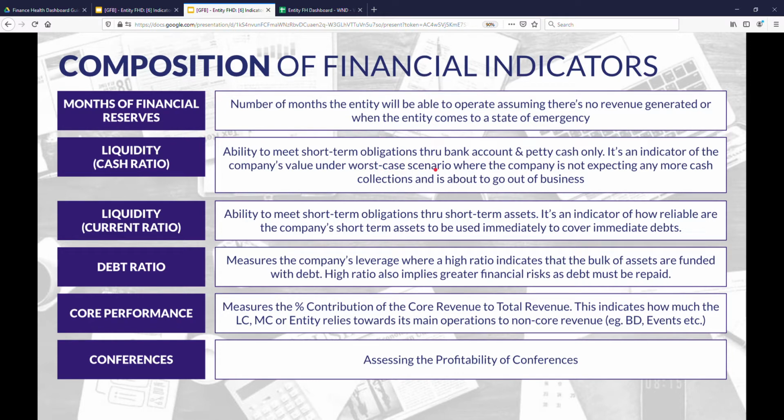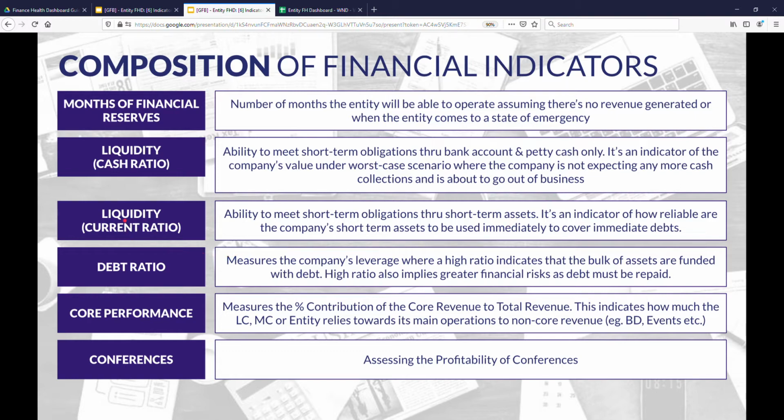Imagine if you don't have any more receivables from your LCs, then you only have to rely on cash. This is where the company is not expecting any more cash collections and is about to go out of business. So how much will your cash be able to cover your debt if you need to immediately pay all of those debts?